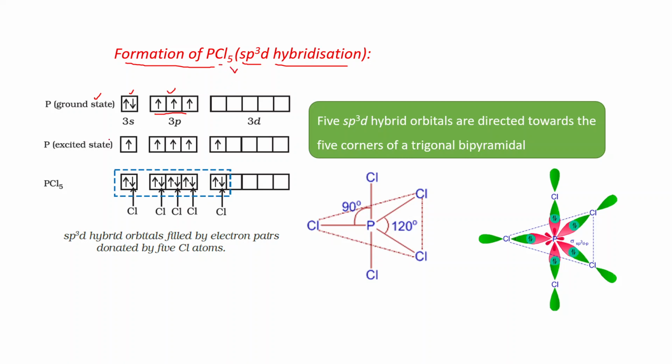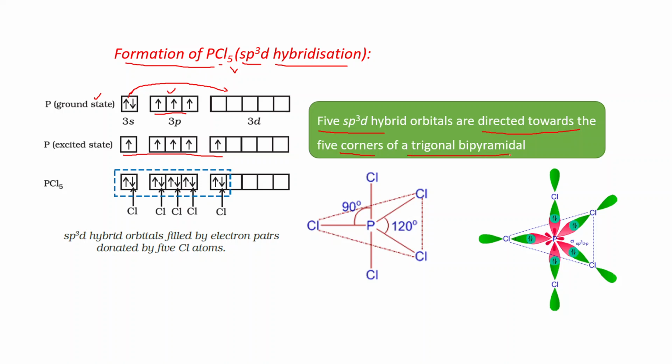That's why one electron from the 3s orbital is excited to one of the 3d orbitals. Now we will get these 5 half-filled orbitals.